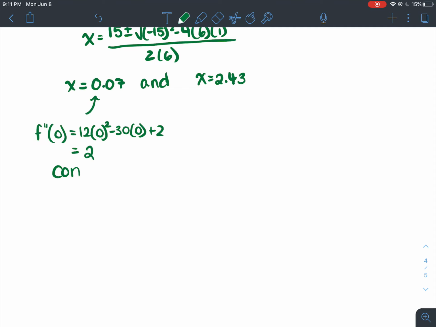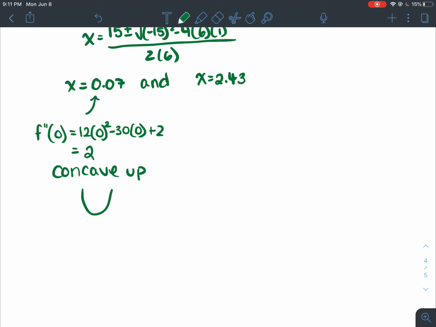So if the second derivative is positive, we know that the graph will be concave up. Because remember, if the second derivative is greater than 0, we get a local minimum. So concave up is like that, like a minimum.